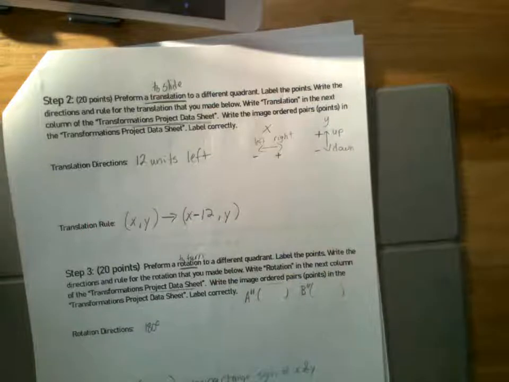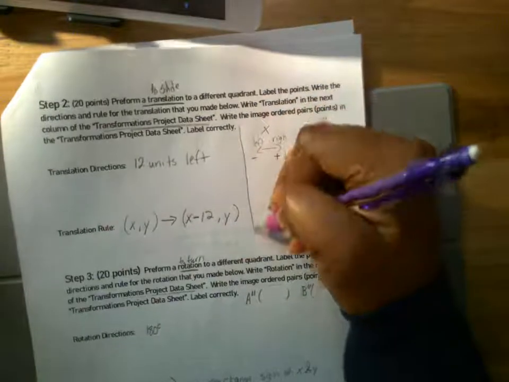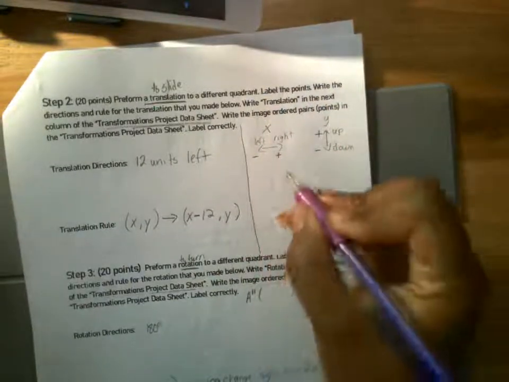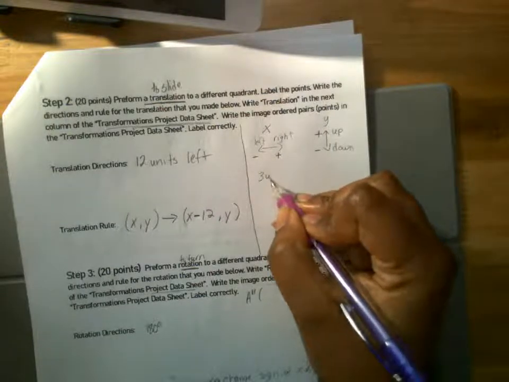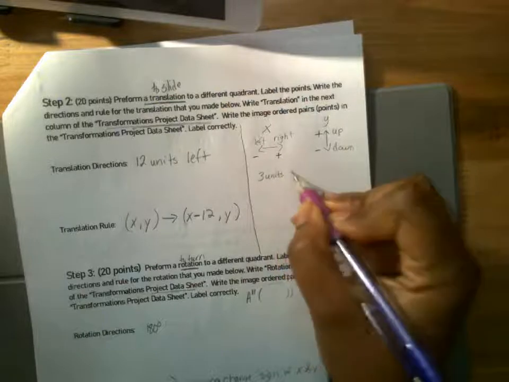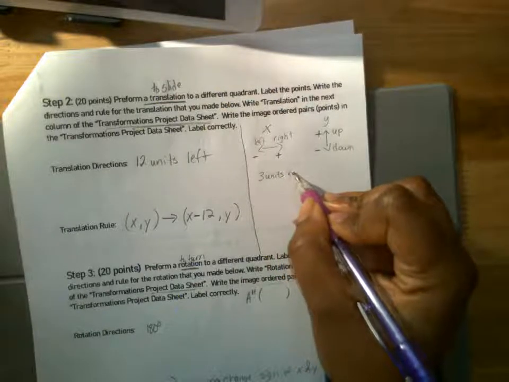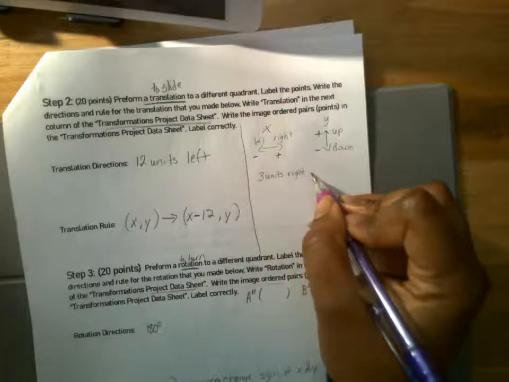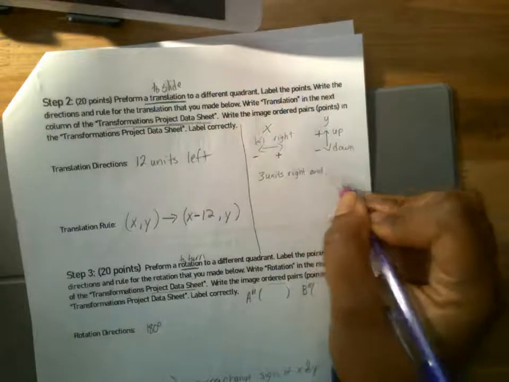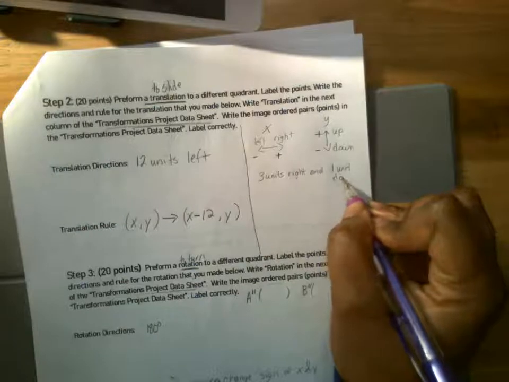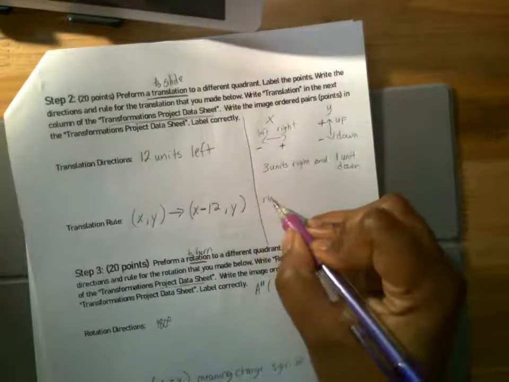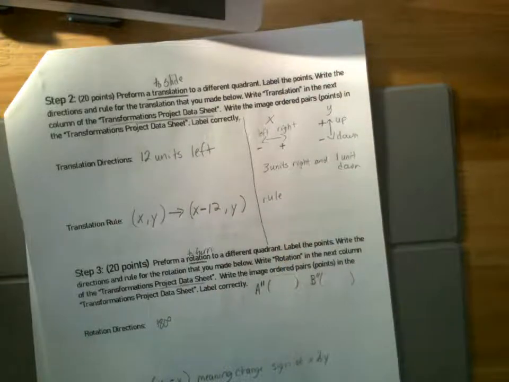So I'm going to do a couple examples over here real quick. If I say translate 3 units right and 1 unit down, this is the directions. The rule for that direction looks like this.